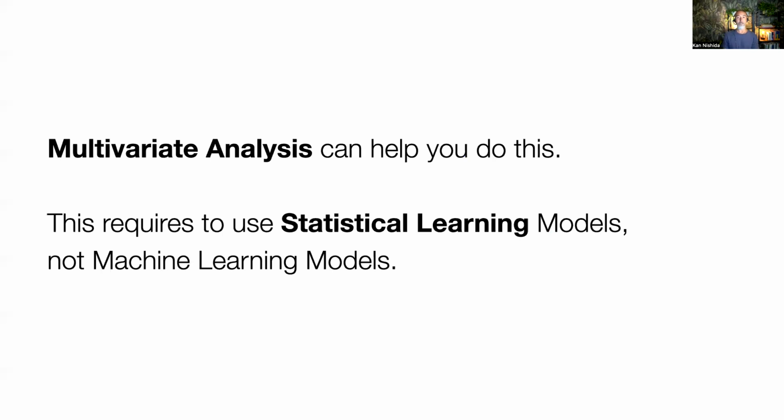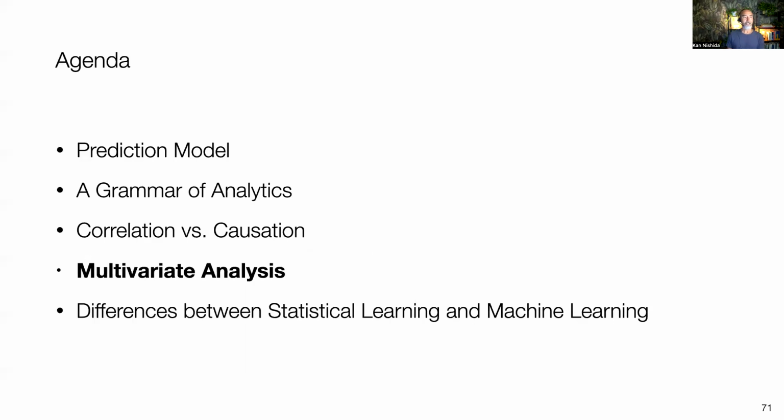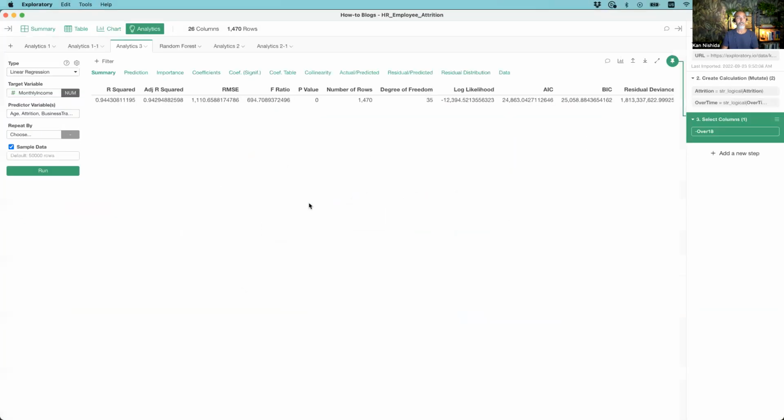But this one requires statistical learning, not machine learning models. There are some papers trying to do a similar thing with machine learning, but so far it's not yet becoming reliable for real world examples. Anyway, so you can use the multivariate analysis. So that's what we actually have been doing here.